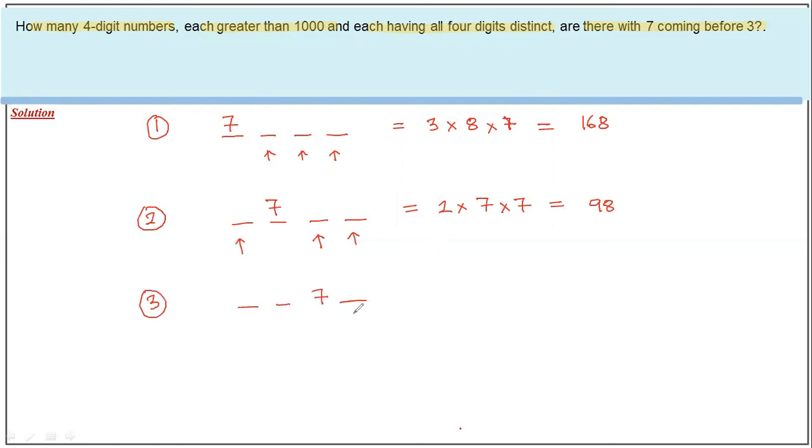Third, only one position for 3. Again, here in the 1000 place, 0 cannot come here. So there will be 7 possibilities, and for the remaining place, another 7 possibilities. So total is 49. So the sum of all these would be equal to 315.